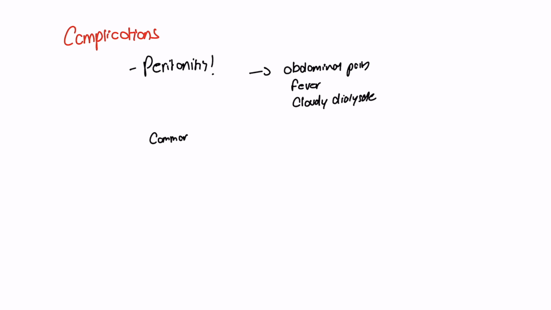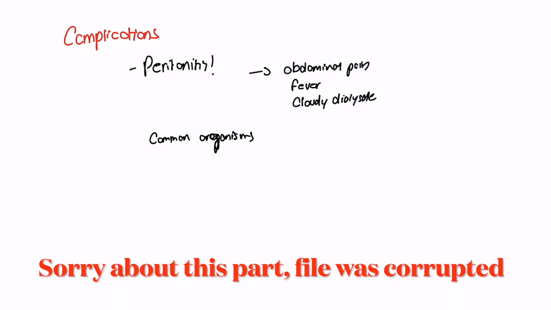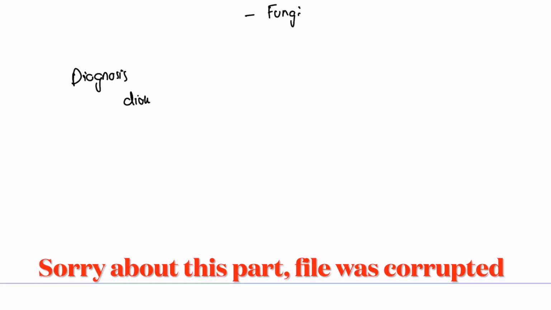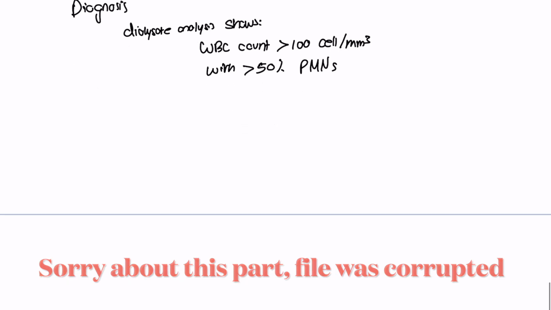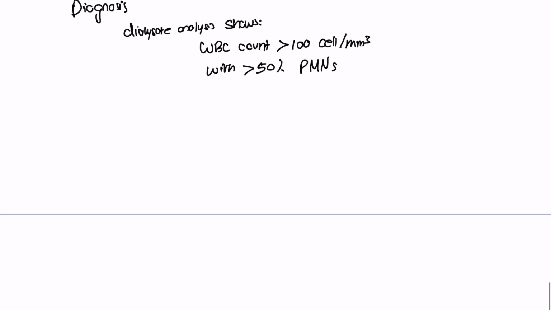The organisms that we frequently see are gram-positive cocci, enteric gram-negative bacteria, and fungi. Diagnosis is typically made by analyzing the dialysate, which shows an increased WBC count, usually over 100 cells per millimeter cubed, with greater than 50% PMNs. This is actually pretty classic. You can see this on some of the ABSITE questions.